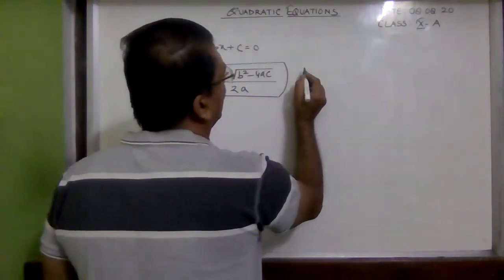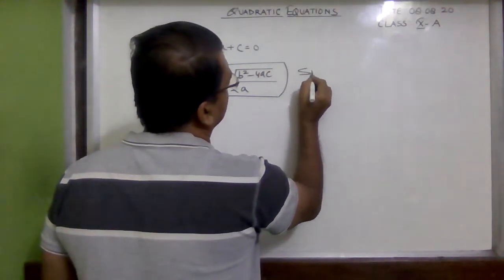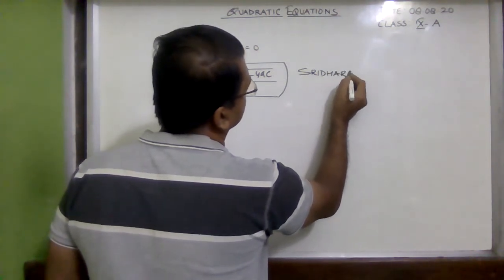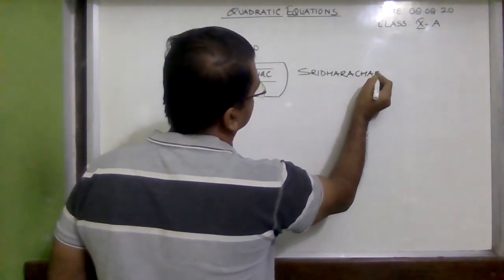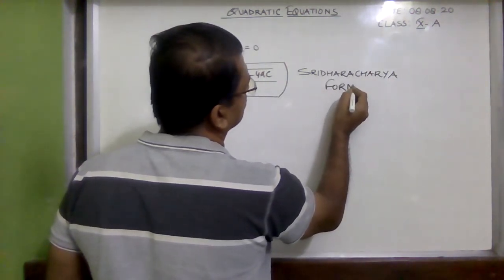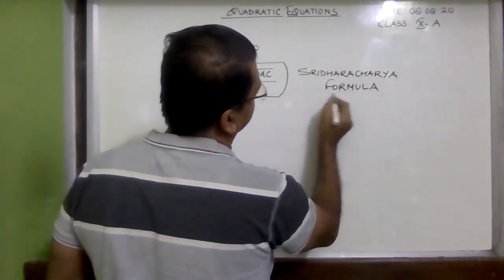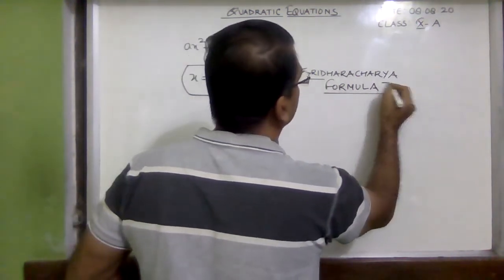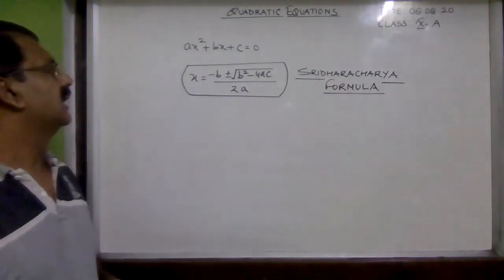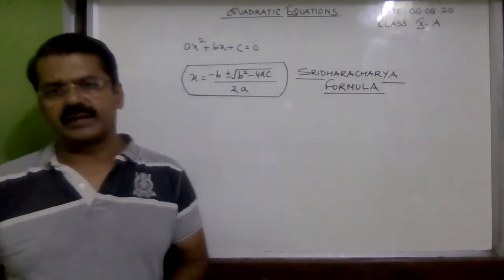Now this formula is called the Sridharacharya formula, and we apply this formula to find the value of x from a quadratic equation.